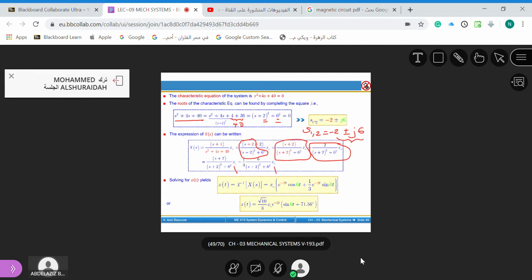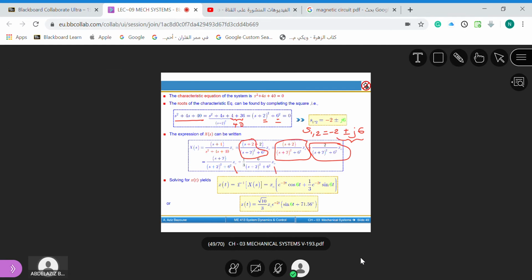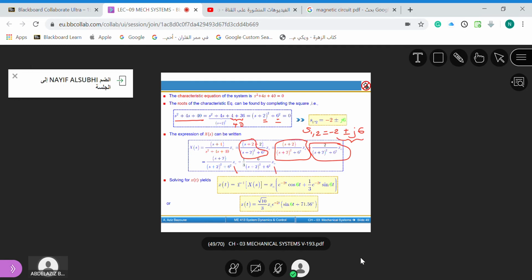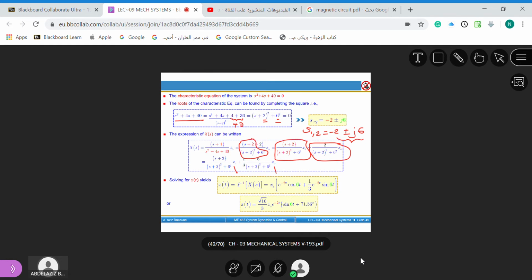The first term is s plus 2 over s plus 2 squared plus 6 squared. This is simply a cosine term that is shifted by 2, and the other is a sine term that is shifted by 2. So I need to have 6 in the numerator, so I multiply by 6 and divide by 6. This is what I have done. When you multiply by 6 and divide by 6, the 2 will go with the 6.